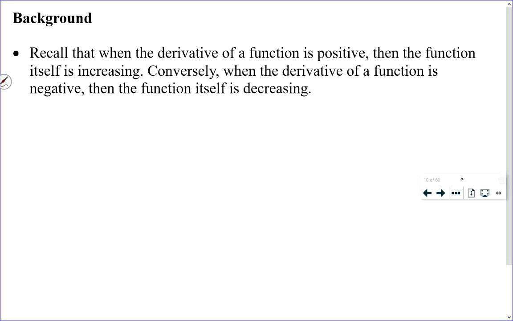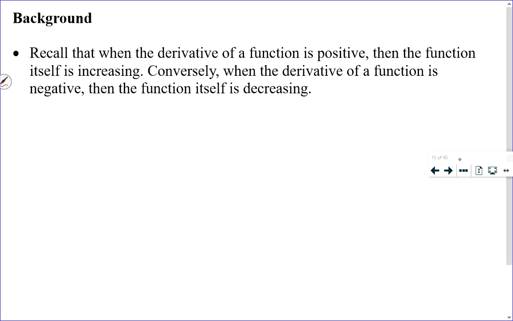So whenever the derivative of a quantity is positive, that quantity is increasing. The opposite of that is if the derivative of a function is negative, then the function is decreasing. And for all of this that I have on the screen right now, just replace the word function with y.